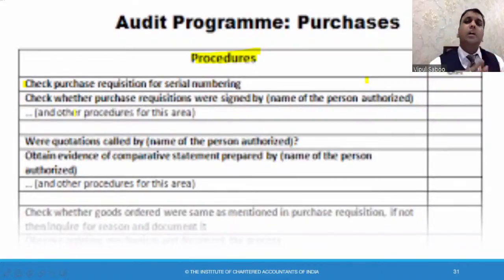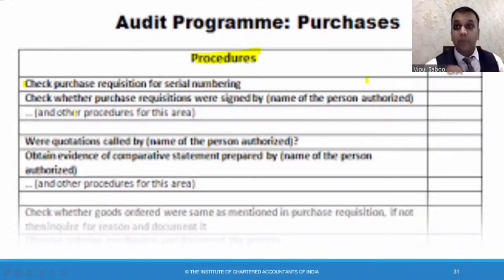For example, in the hotel, the chef of the restaurant lays out the requirements. We require 10 loaves of bread for the gala dinner or the gala breakfast. We require this much milk, this many liters of milk and all. Please arrange for the same. It will be given to the purchase department.